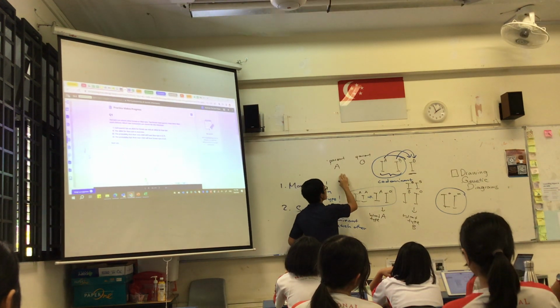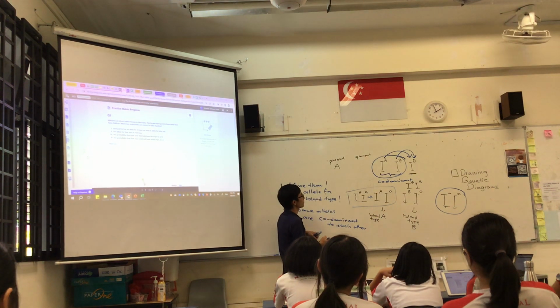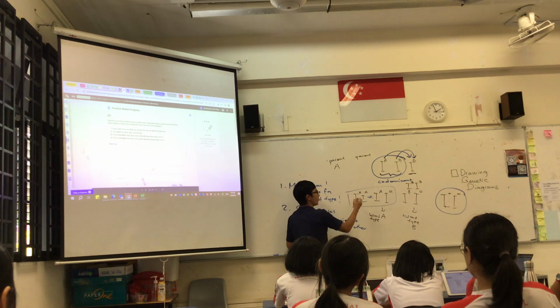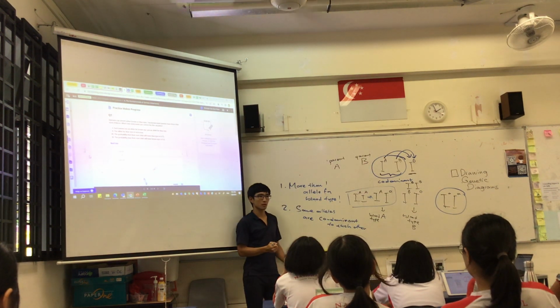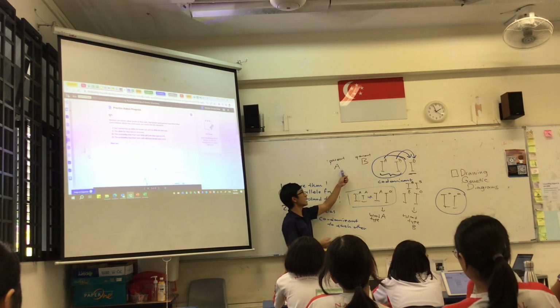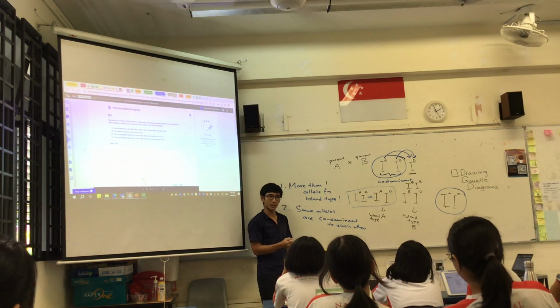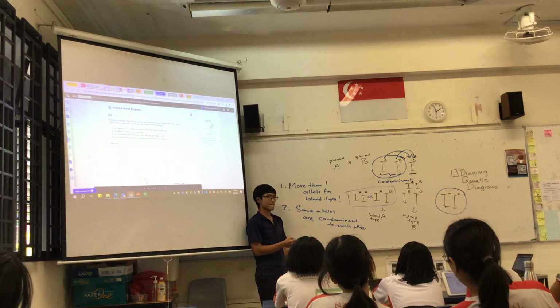If one parent is blood type A, the other is blood type... Actually, is it possible for you to get blood type A if one parent is A and one parent B? Is it possible? Possible, right? But what will your genotype be?